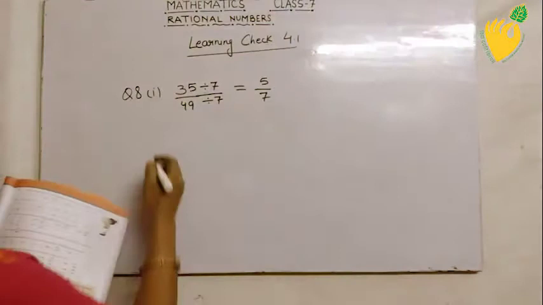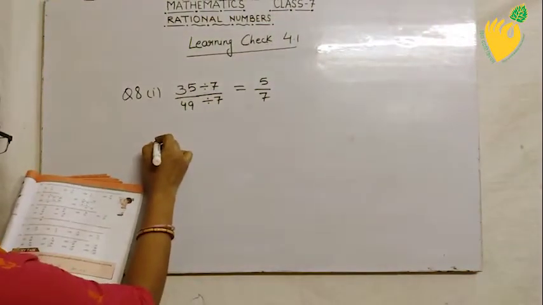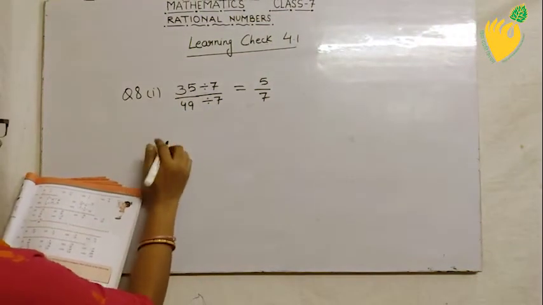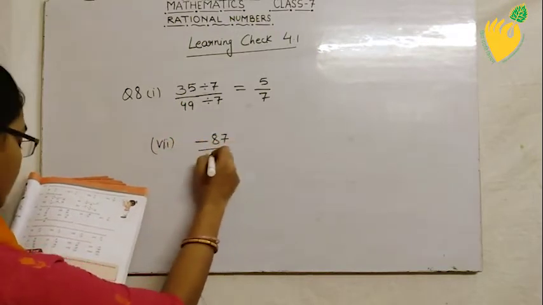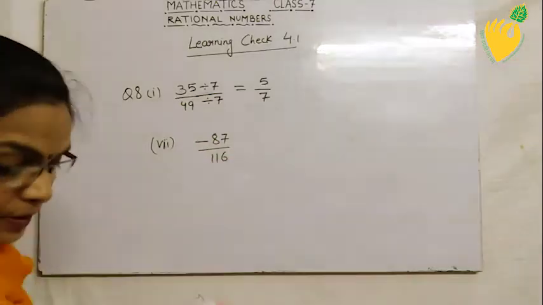Let's take one more question, students. Question number 7. A negative rational number has been given to you, minus 87 upon 116.